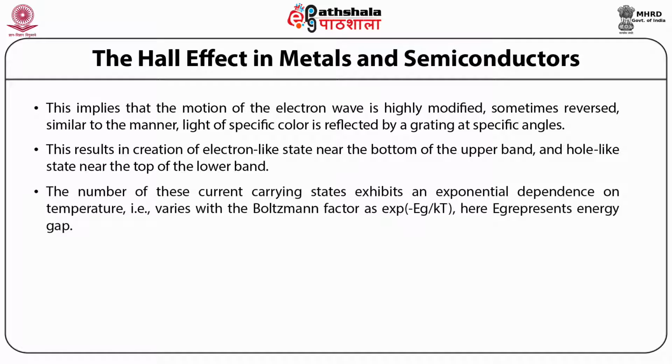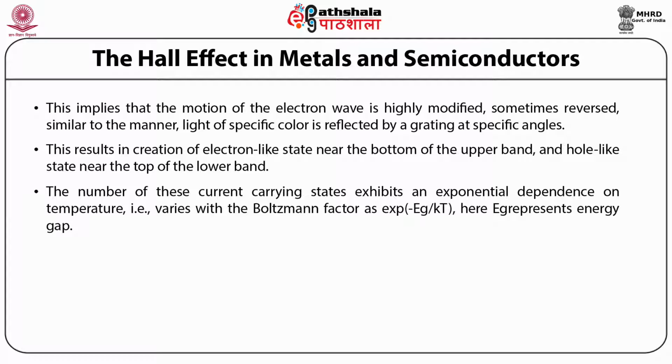The number of these current-carrying states exhibits an exponential dependence on temperature, that is, it varies with the Boltzmann factor as exponential of minus Eg divided by kT, where T is the temperature. Here, Eg represents the energy gap.